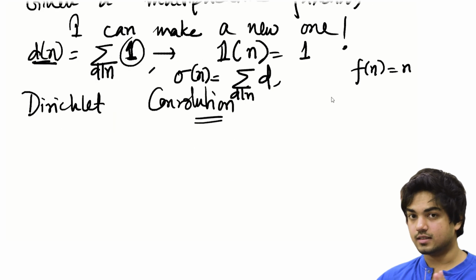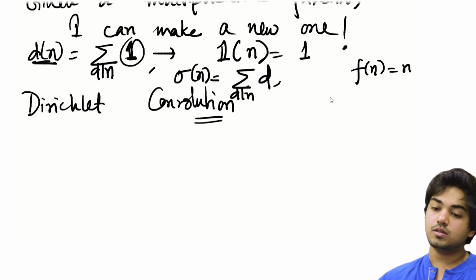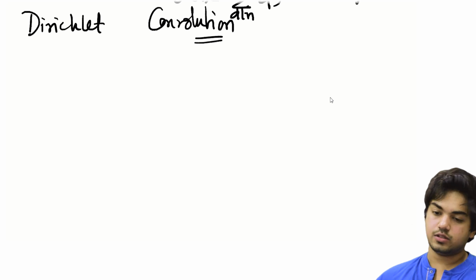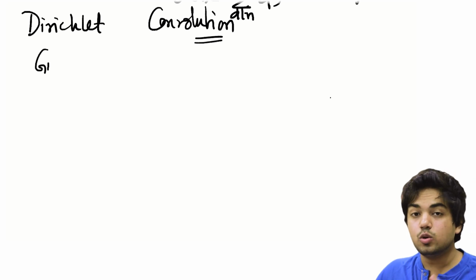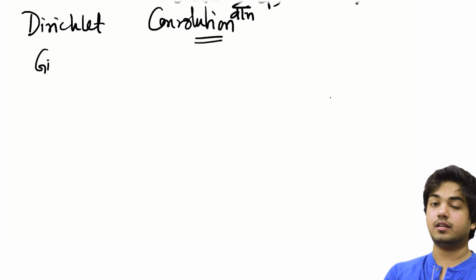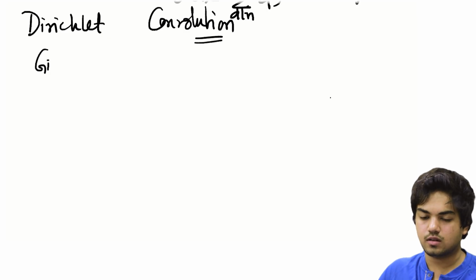So that's very nice, and maybe you can play around with it a bit more. What Dirichlet convolution does is, given two multiplicative functions, I can make a new one based off it. It's simply a generalization of the construction we just saw.